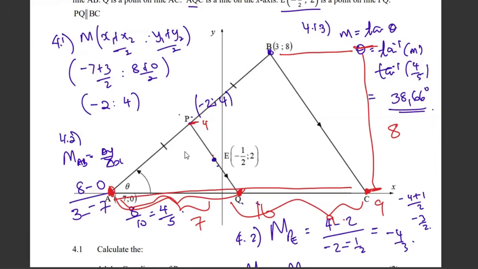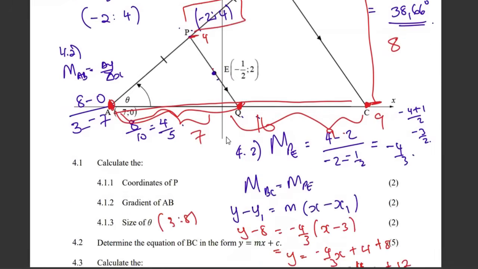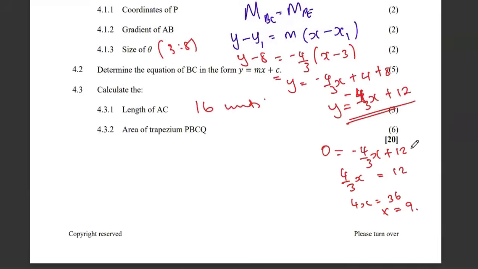Okay, we can do that, but it's not going to help me. Let me use P to find the equation of PQ so that I can get the coordinates of Q. Remember we said the gradient is -4 over 3, so it's a negative.